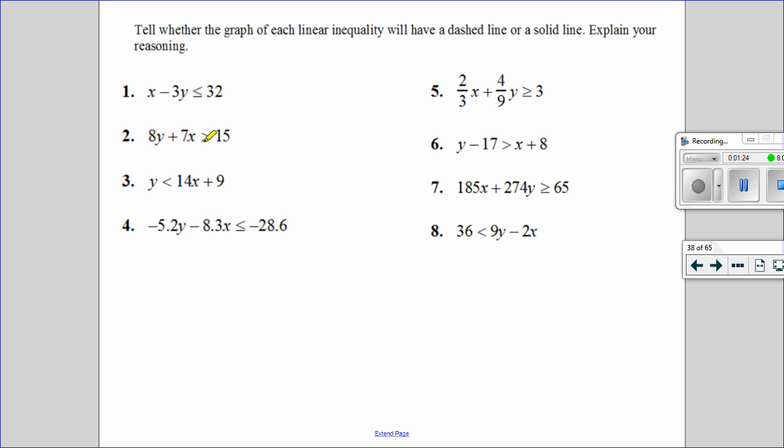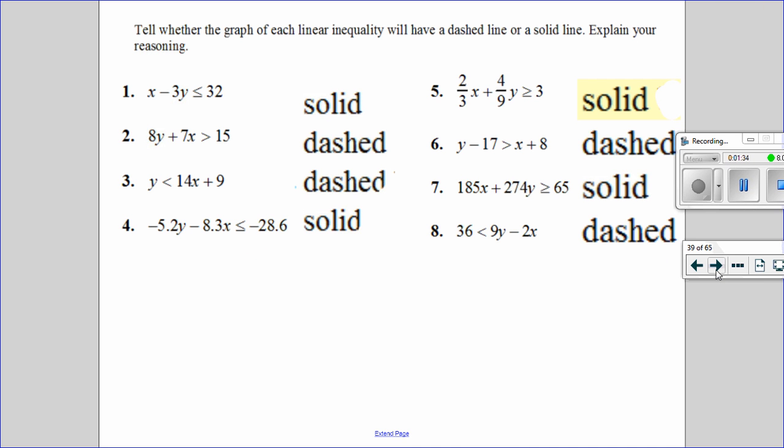And if it does not, then it's dash. Okay, let's take a look at the answers. Now if you understand this and got most of these correct, you're well on your way as far as the first step is concerned with graphing inequalities.